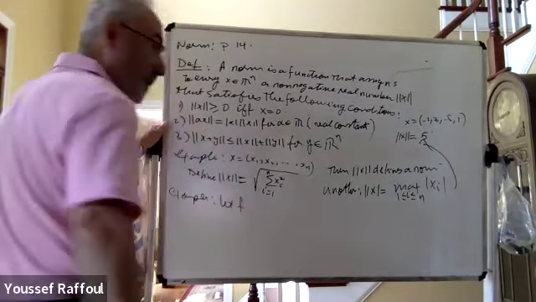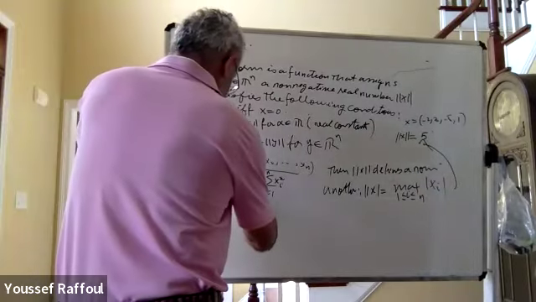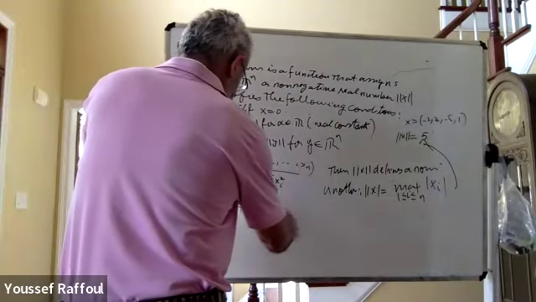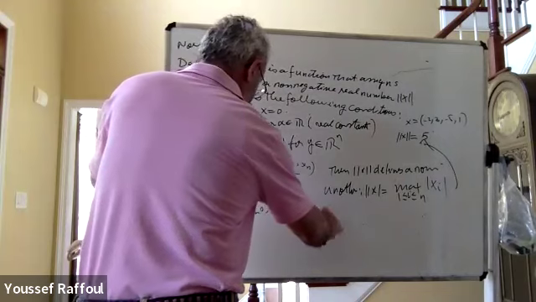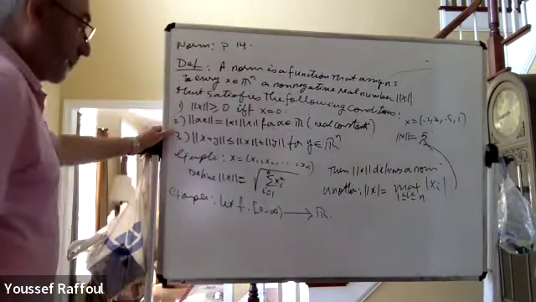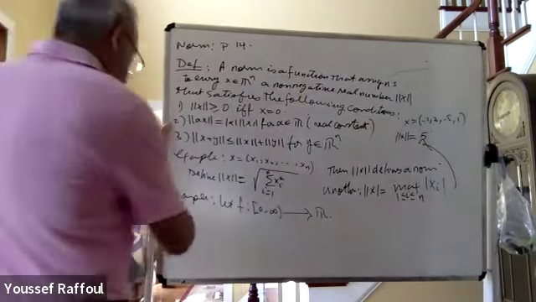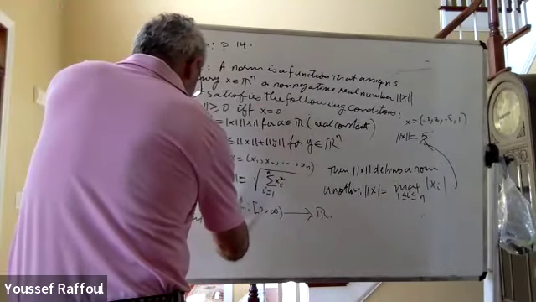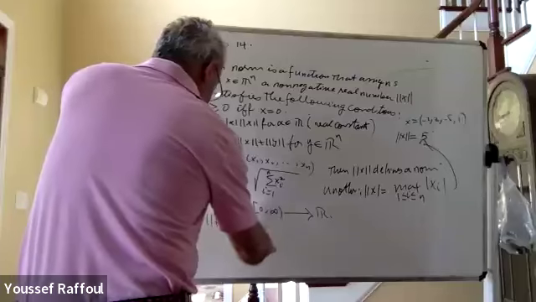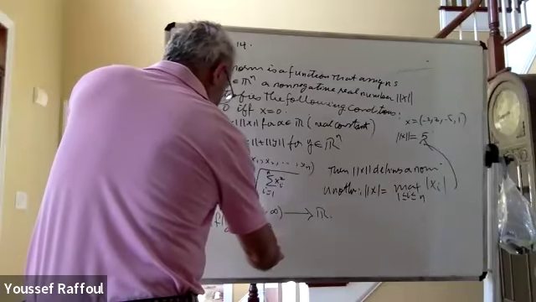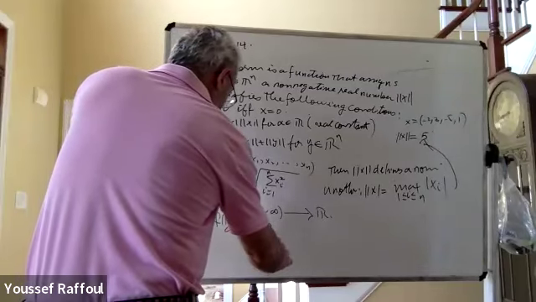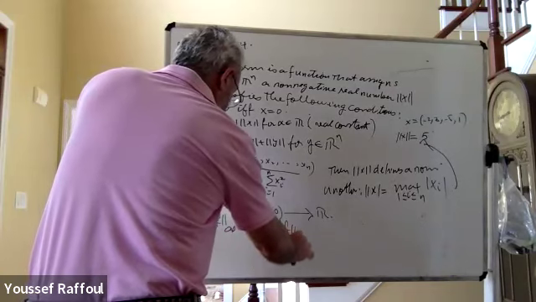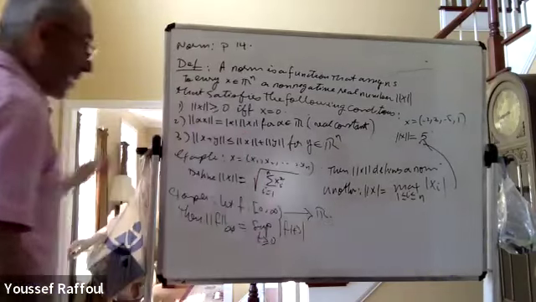Here, another example. Let f be a function from 0 to infinity into R. Then we define the norm of f at infinity to be the supremum for all t bigger or equal to 0 of the absolute value of f of t.